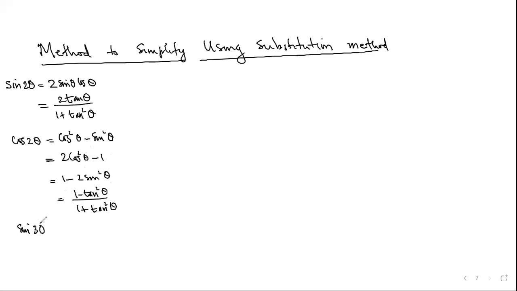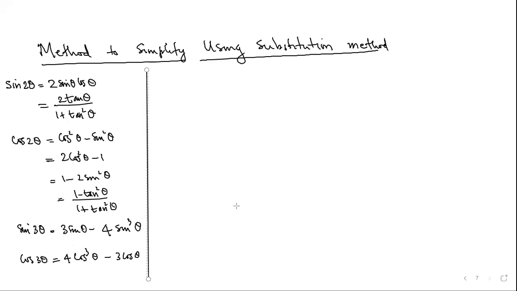Sin 3 theta is 3 sin theta minus 4 sin cube theta. Then cos 3 theta is 4 cos cube theta minus 3 cos theta. There are more formulae, but for teaching you, I'm just restricting myself to these many formulae.